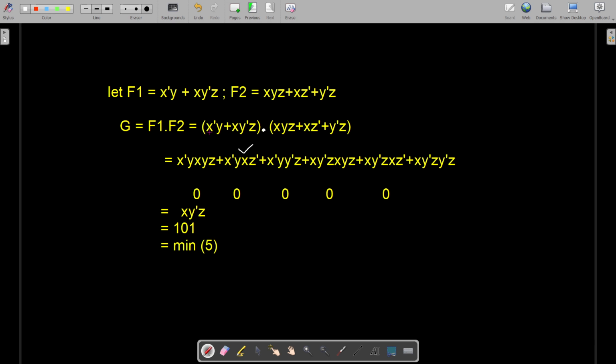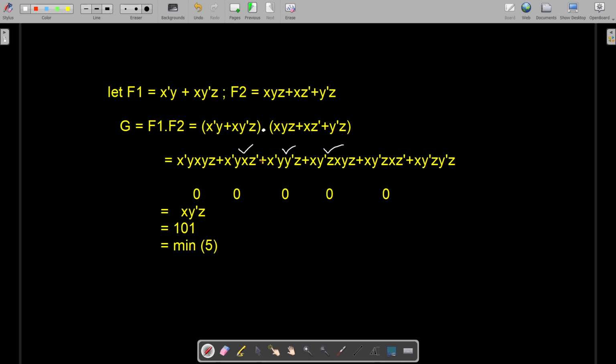That means x dash y and y dash z, this term, right? Then perform ANDing between these two, right? x y dash z and then x y z. So this term we got x y dash z x y z. Then performing AND, it is x y dash z then x z dash plus this is x y dash z and then y dash z.